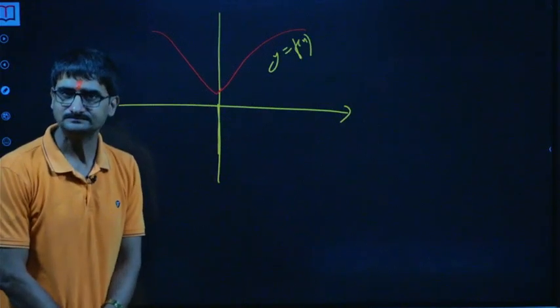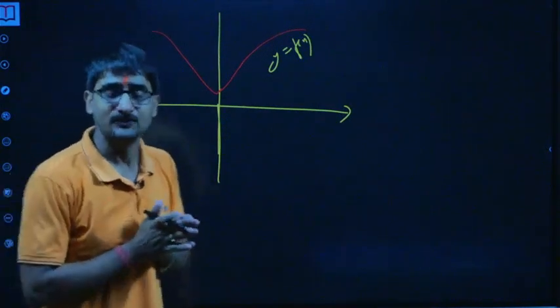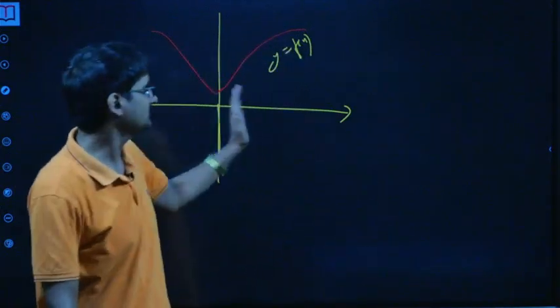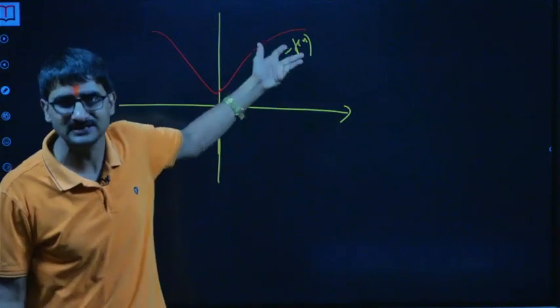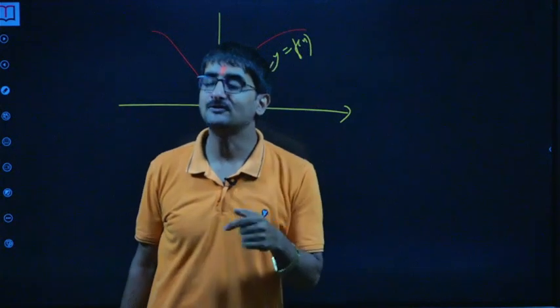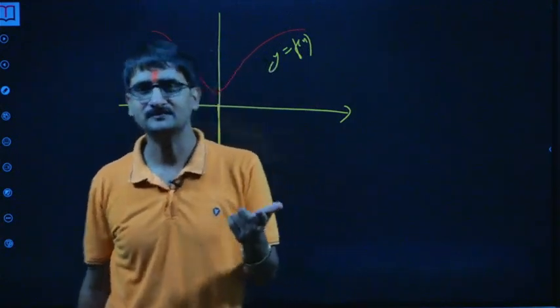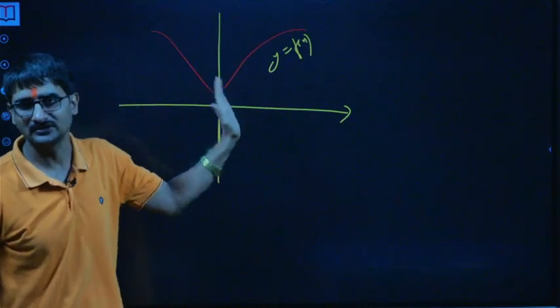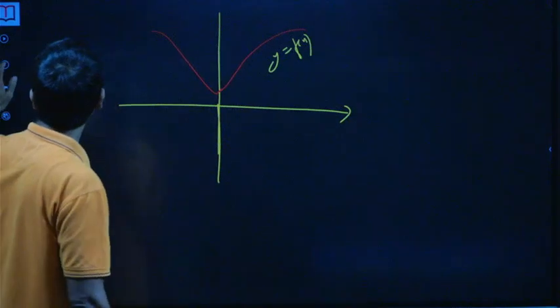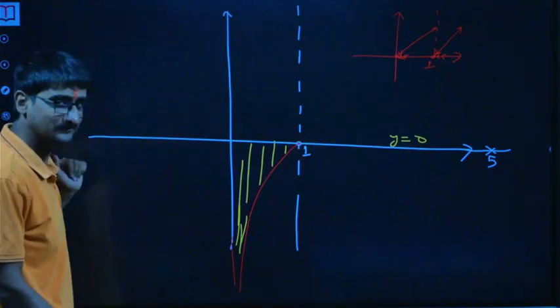That's it. Because mod x is the same as x when x is positive. So for positive x on the right side of the y axis, it remains the same: f(mod x) is f(x), but on the left side, f(mod x) is f(minus x). So you have to take the mirror image of whatever portion of the curve you have on the right side in the y axis to get the corresponding curve on the left side.